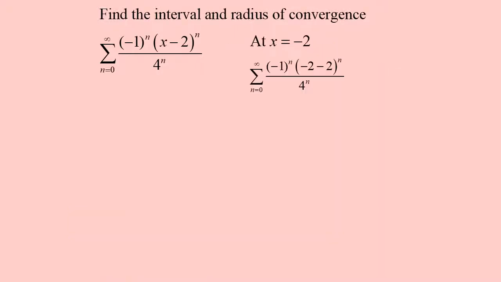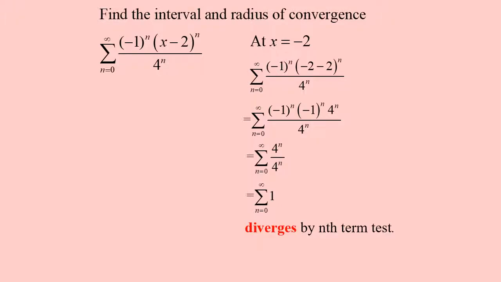So when x is negative 2, we end up with this. Now, when you add up a whole bunch of 1s, it keeps getting larger and larger and larger, so that never converges.